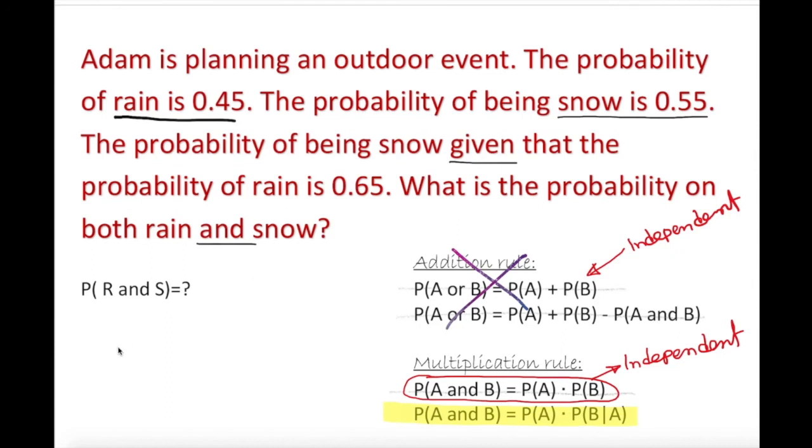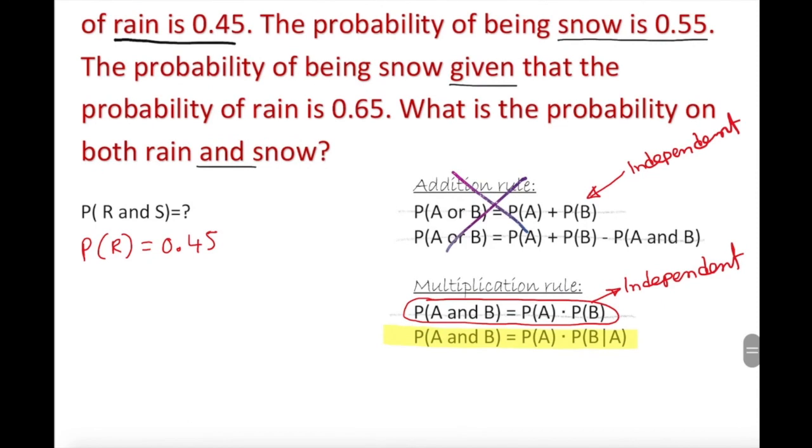So what information do we have actually? Let's sort it out here. The probability of rain is 45%, and the probability of snow is 55%.